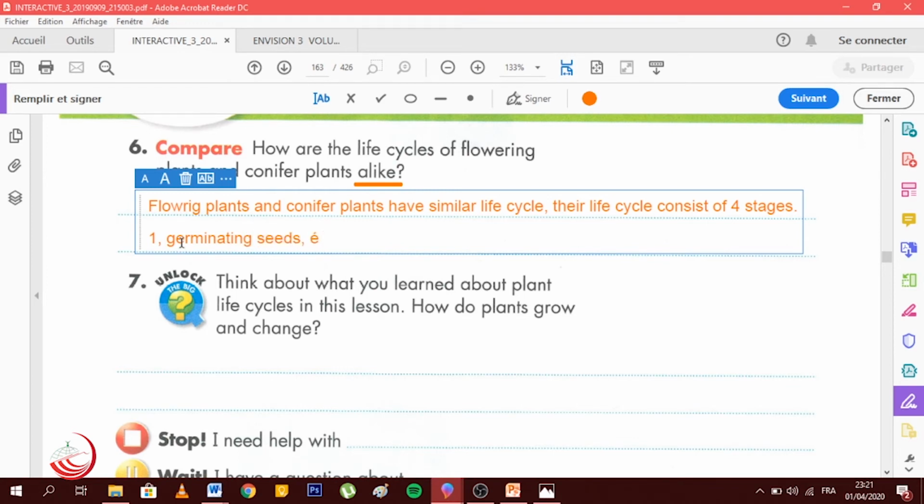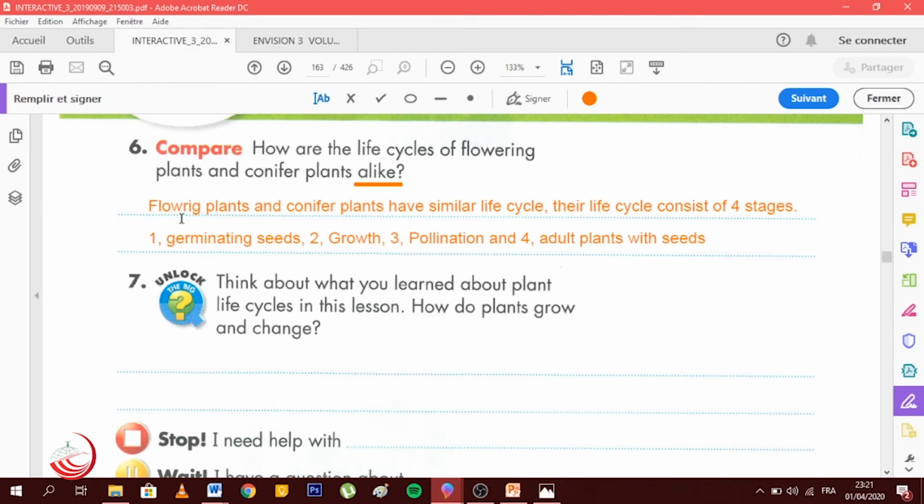Number 2, very good, growth. Number 3, pollination. Nice. And 4, very good, adult plants with seeds.